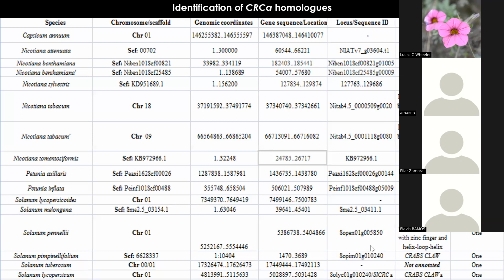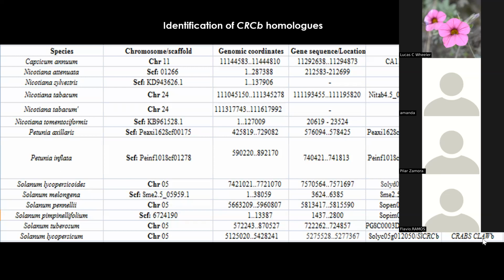So there was one CRABS CLAW A gene for all the species available on the database, and then there was a CRABS CLAW B gene. It means that there are two copies present in Solanum lycopersicum, and when I tried to identify the homologous sequences on the database, I found two types of CRC genes for all the species.